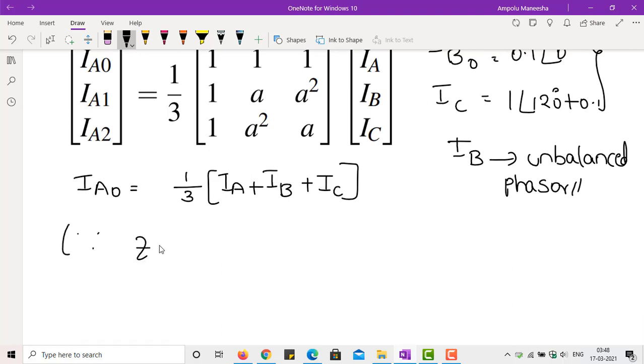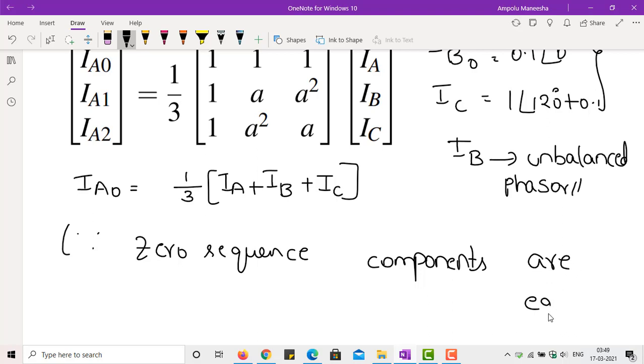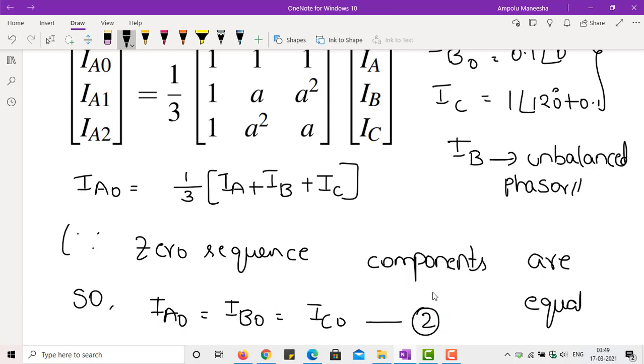Since zero sequence components are equal, IA0 is equal to IB0 is equal to IC0. This is equation 2. This is equation 1.